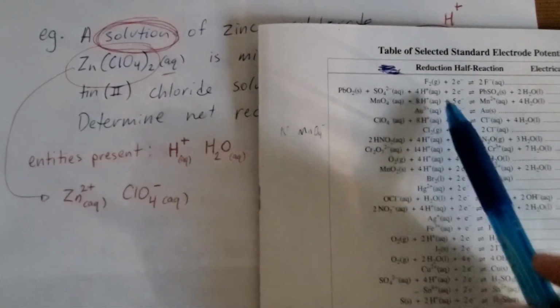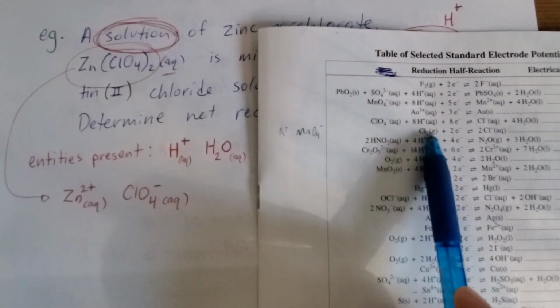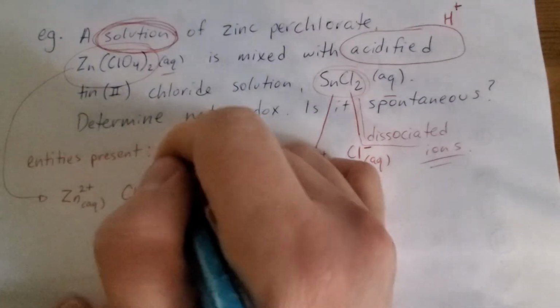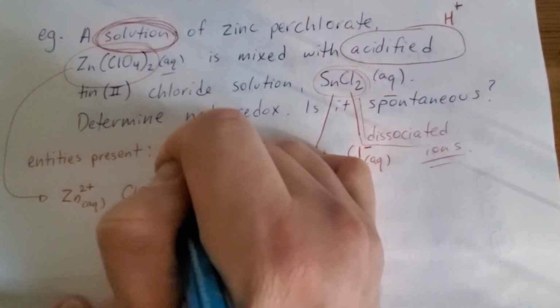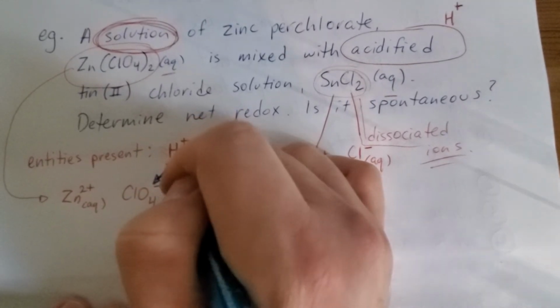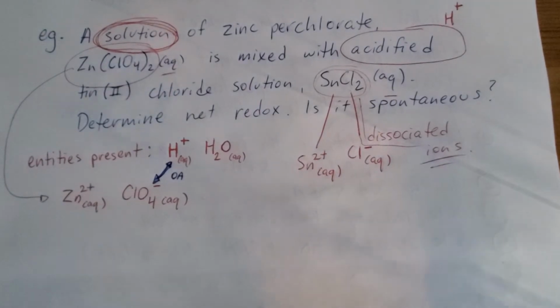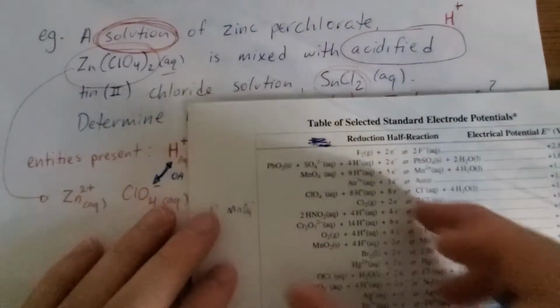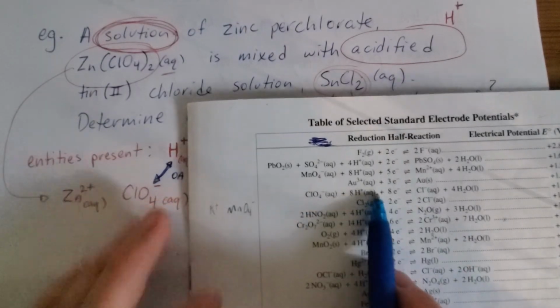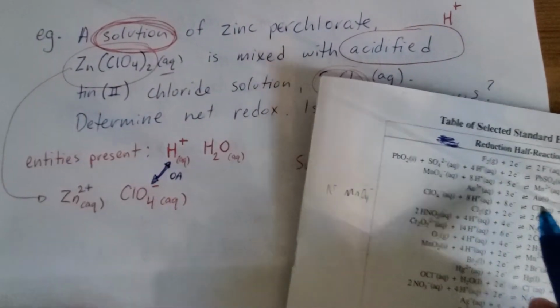Check out this guy here, ClO4 plus H+. We have those. These guys together, that's on the left. Together they're an OA. Okay, so we're just looking on the left for OAs. ClO4 H+. We got those.